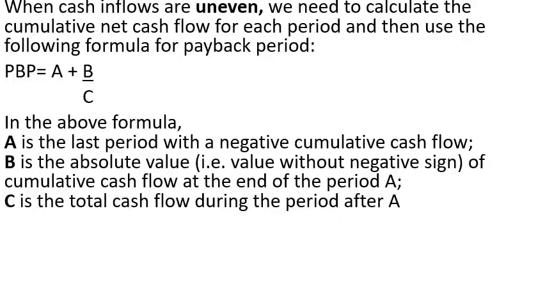B is the absolute value, without the negative sign, of the cumulative cash flow at the end of the period A. In other words, the balance that you're left with to pay back. And C is the total cash flow during the period after A.